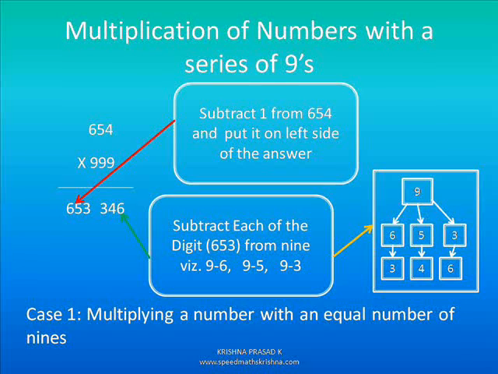Then subtract each digit of 653 from 9, that is 9 minus 6, 9 minus 5, 9 minus 3. You can see on my slide how to subtract, and you can cross verify with these slides. 654 into 999, the answer is 653346.